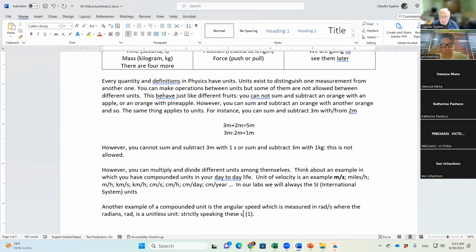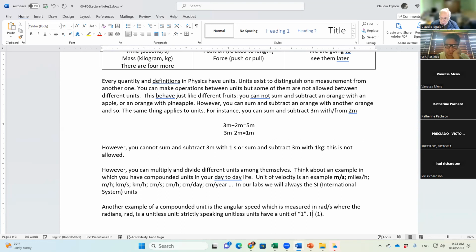Strictly speaking, unitless units have a unit of one.